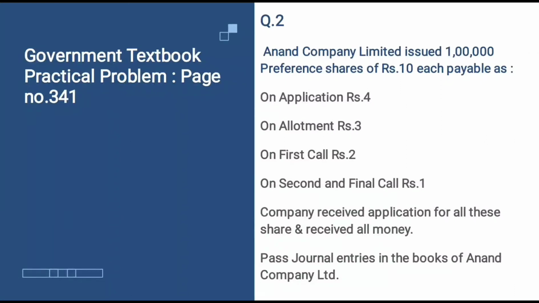Company received application for all this share and received all money. Pass journal entries in the books of Anand Company Limited. Here we have to pass journal entries.